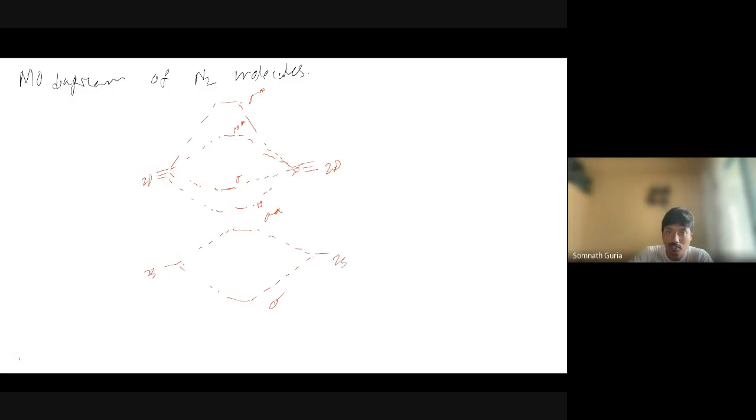This sigma and sigma star come from the 2pz orbital, and the pi orbitals come from 2px and 2py. And this is the 2s orbital, and this sigma star is for the 2s orbital.